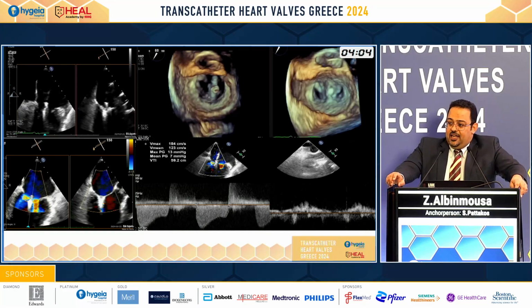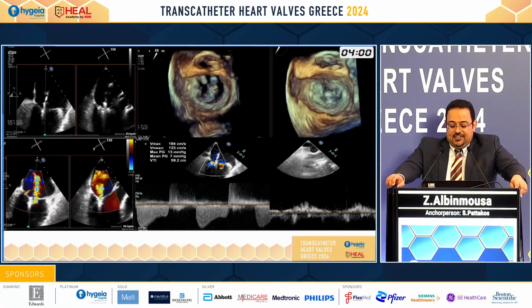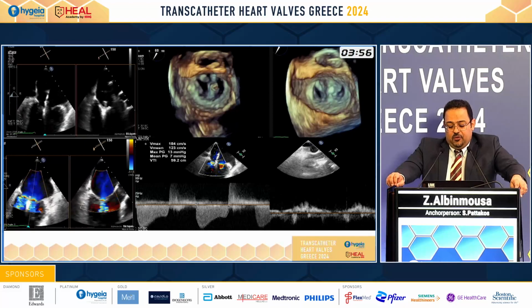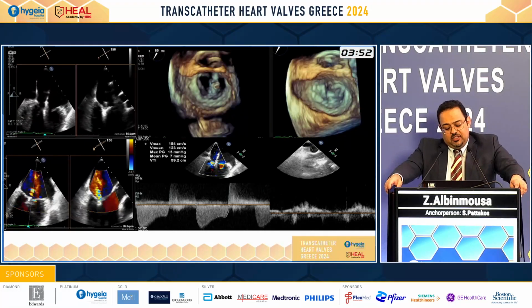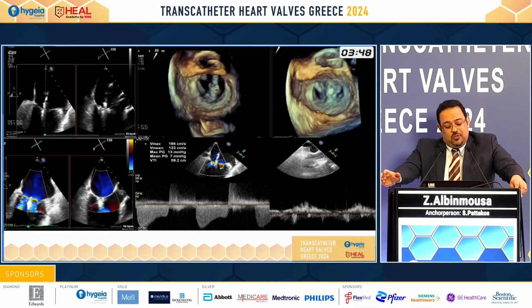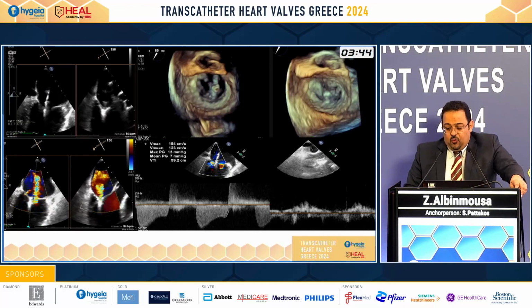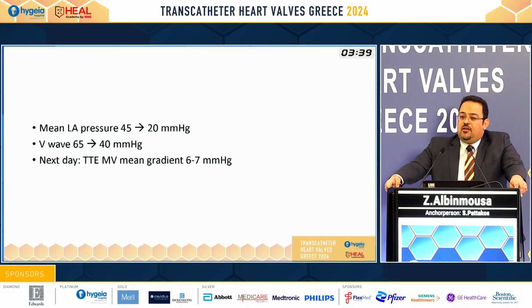After careful adjustment of the perpendicularity and positioning of the clip on the mitral valve, we ended up with this result. The MR is in the range of moderate, if you agree with me. The gradient was 7, and there is no pulmonary flow reversal. What made us happier was the hemodynamic results.